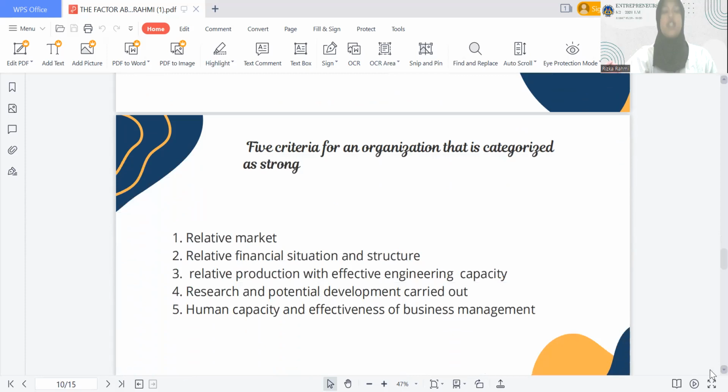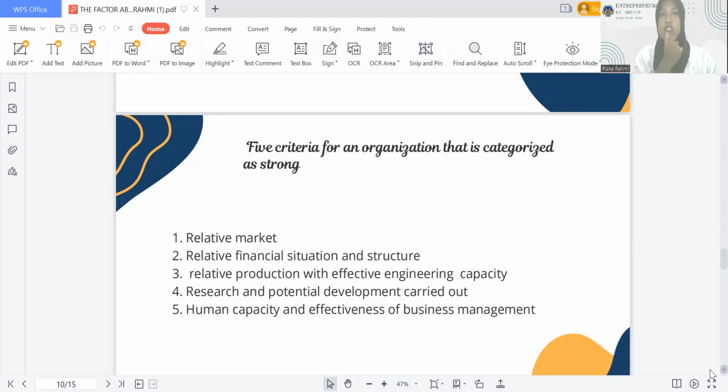And the next is five criteria for an organization that is categorized as strong. The first is relative market. And the next is relative financial situation and structure.